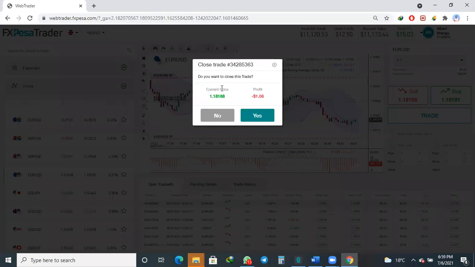I'll be given a message asking, do you want to close this trade? It's either you say no or yes, but because I want to close the trade, I just click yes. Then you get a notification telling you that the order has been successful. Now I've closed it. That's simply how you can close your trades.